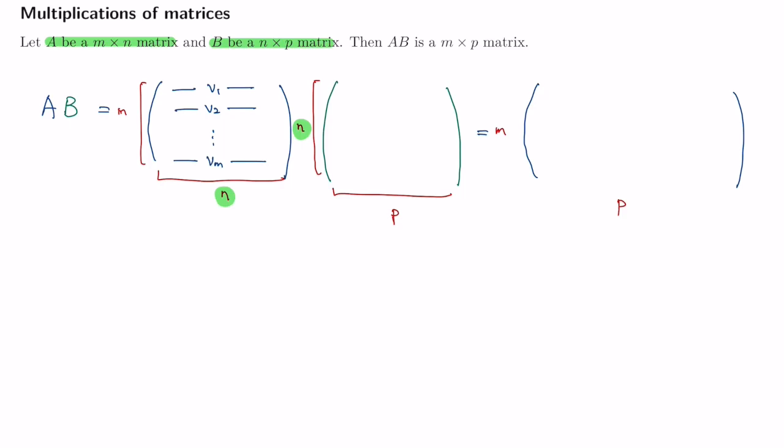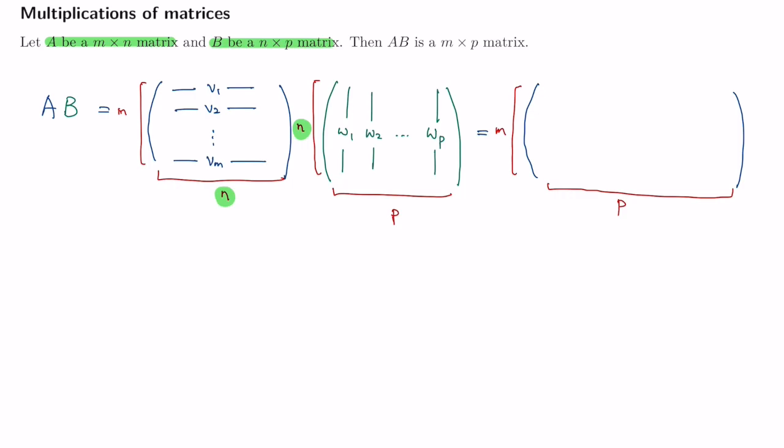And then B has p columns. I'm going to call the columns W1, W2, up to Wp. And then the resulting matrix would be an m by p matrix.